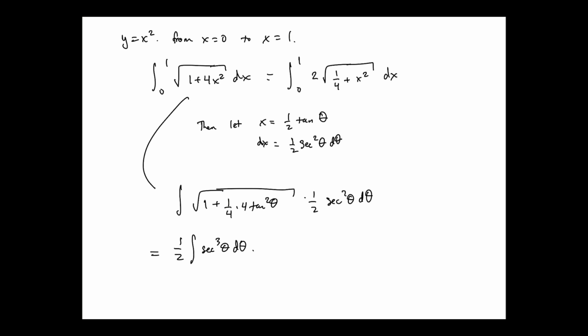Now, how do we integrate secant cubed? Okay, write it as secant and secant squared. And then I'm going to let u equal secant, dv equals secant squared. Then du is secant tangent, and v is tangent.